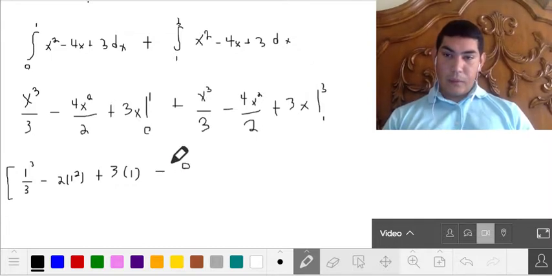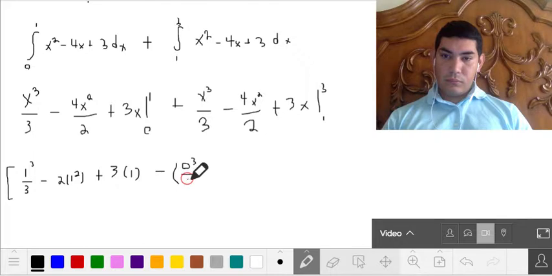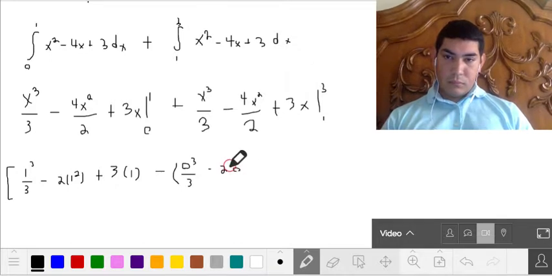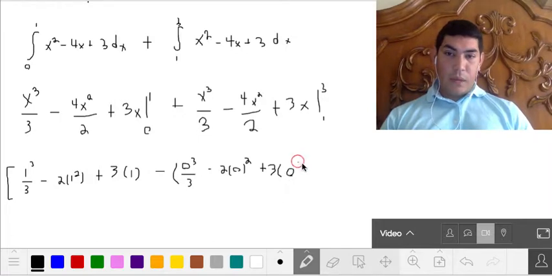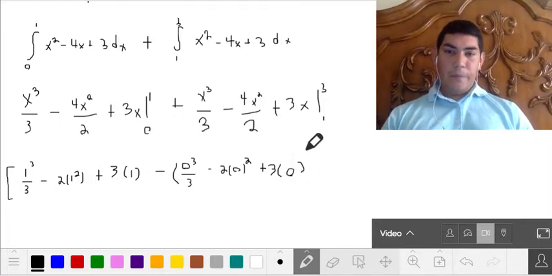So now I finish inputting x equals 0. Let's simplify.